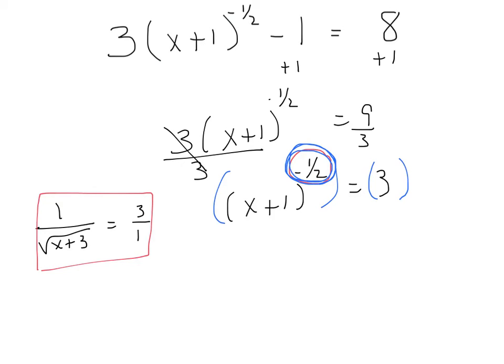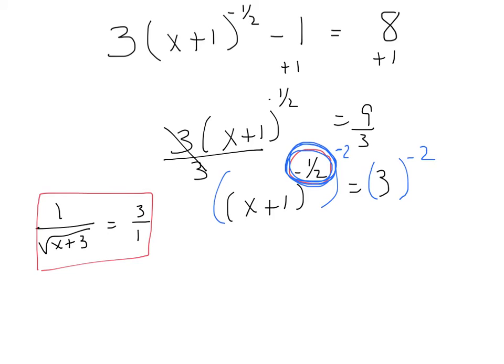One of the most common mistakes made is that when you take the reciprocal, you negate it. You do not. Keep in mind, a number and its reciprocal have to give you 1. So if the number is negative 1/2, its reciprocal is negative 2. I'm going to raise each of these to the negative 2.